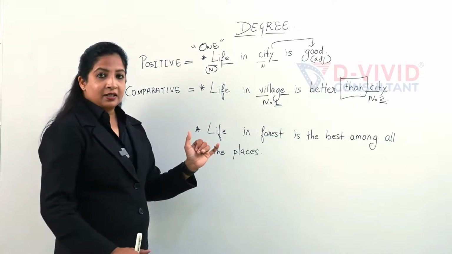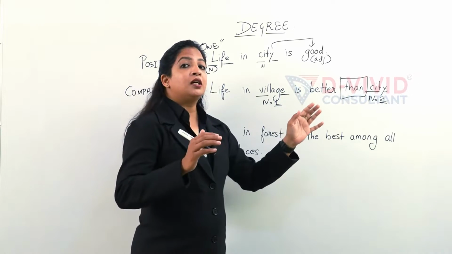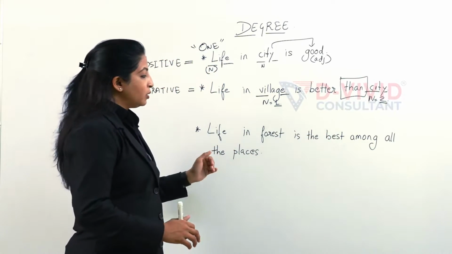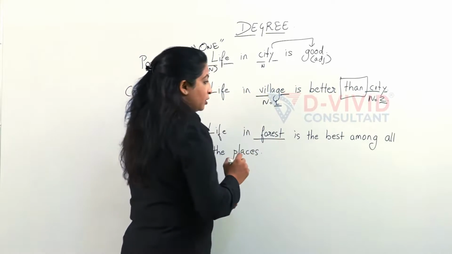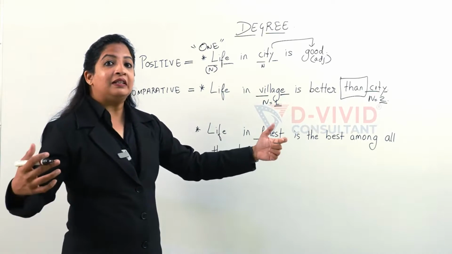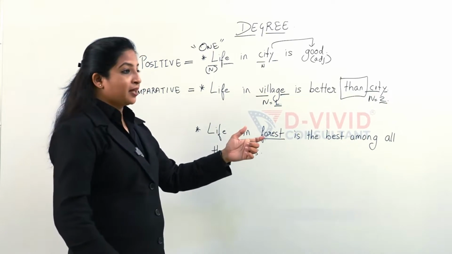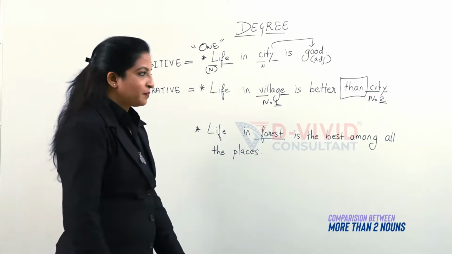The third sentence: life in forest is the best among all the places. So I have compared one noun with more than 1 noun. It means here the comparison is between more than 2 nouns.